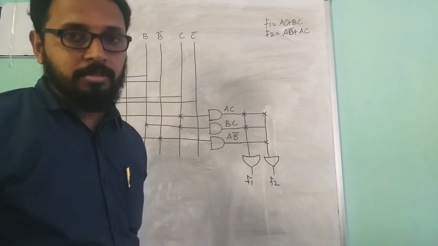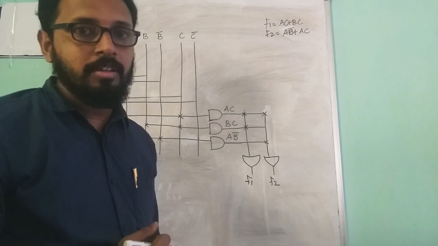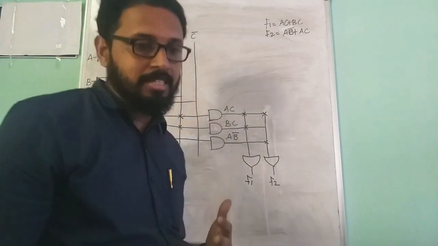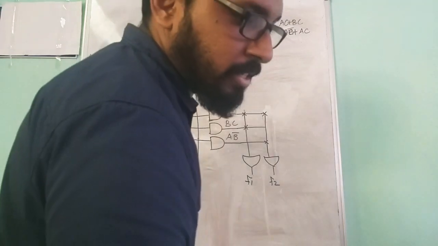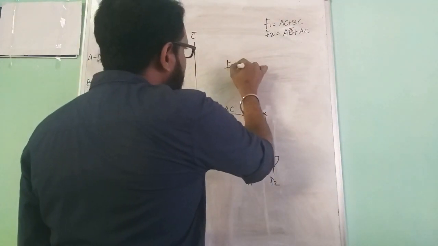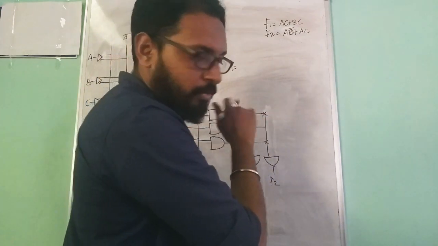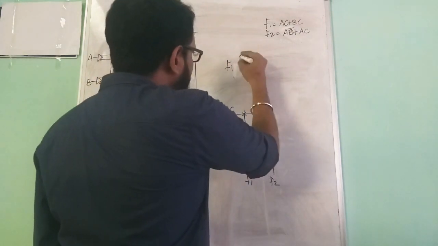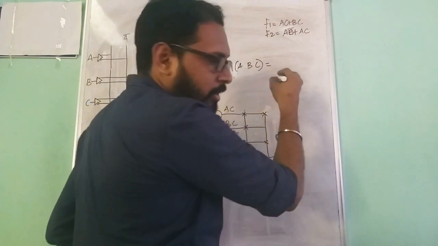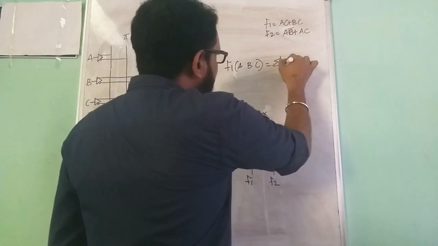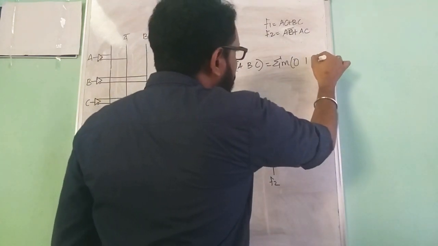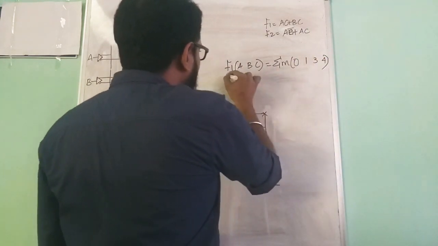I will give you a question. Please try to solve it. The question pattern is the same. Construct the PLA like that. So the question is F1 of ABC is equal to sigma m 0, 1, 3, 4.